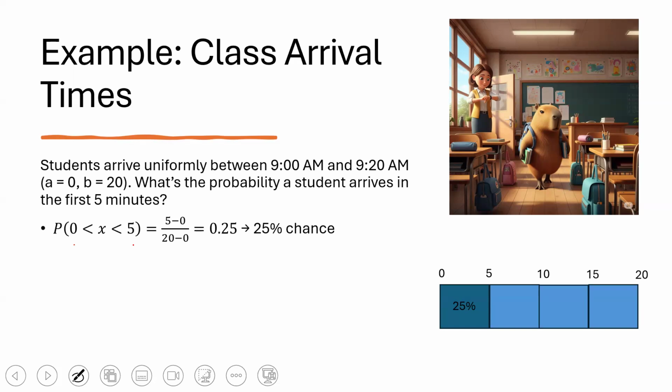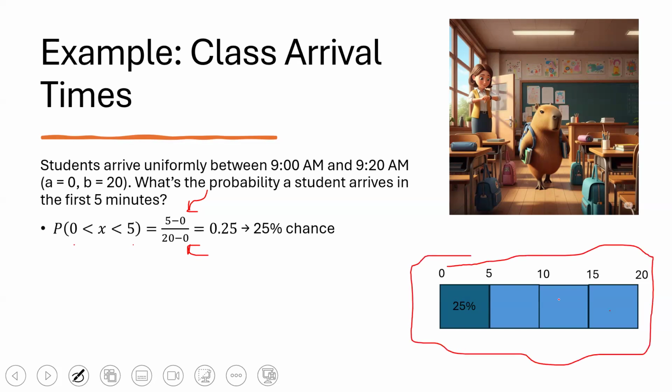So to get the probability, we're taking the 5-minute interval, that's 5 minus 0, and dividing by the whole 20-minute interval, that's 20 minus 0. That's a 25% chance the student shows up in the first quarter of the time window, right? If this is my whole time window, there are 4 quarters, so a 25% chance they show up in the first window. Uniform distributions are great for modeling schedules, windows of times, and delays.